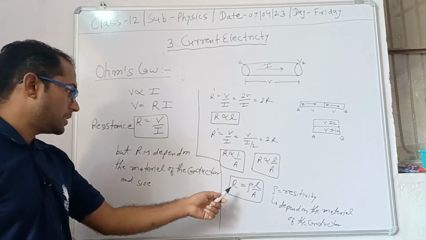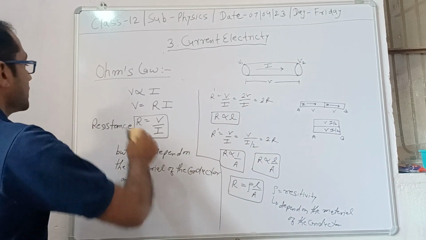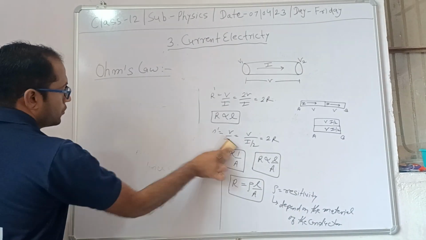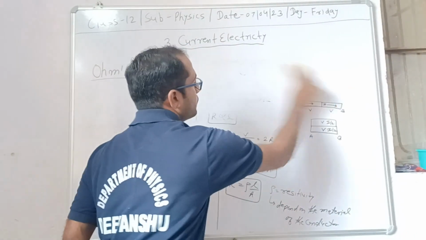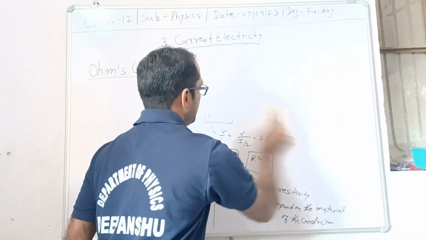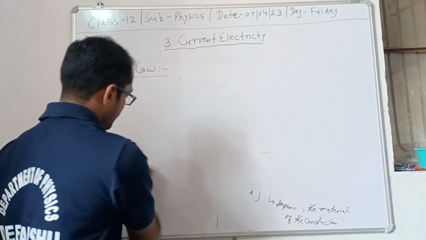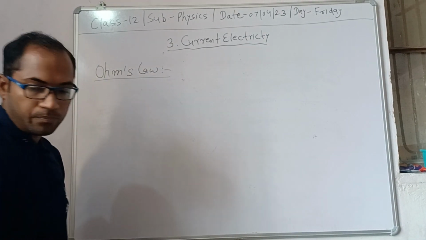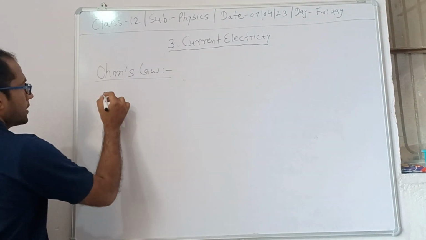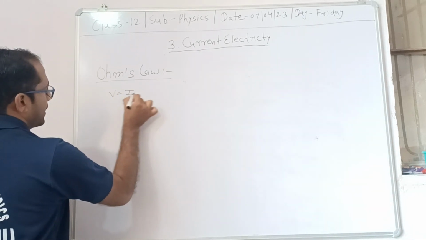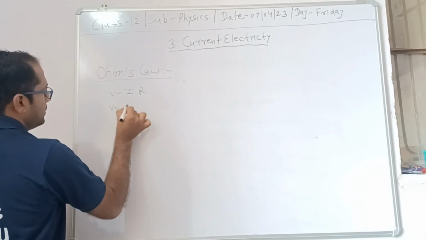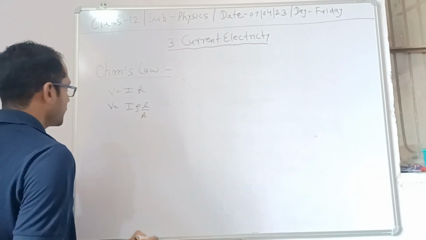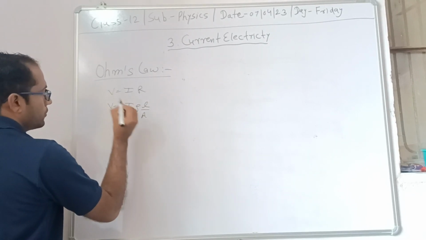If we use this formula and find some other things, and put it in V equals IR, what happens? Using V equals IR, we know that R equals rho L by A. This is the simple formula, no issue.